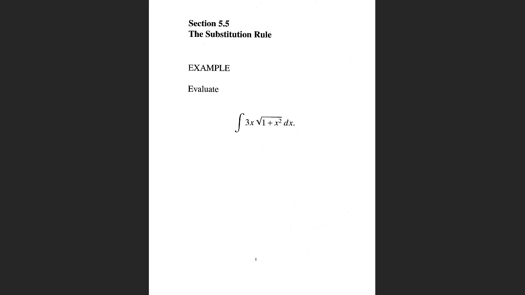I'm looking in section 5.3 in the textbook, and there's a table of indefinite integrals, and indeed, a lot of standard antiderivatives. But here's a situation where we want to evaluate the antiderivative of 3x times the square root of 1 plus x squared.